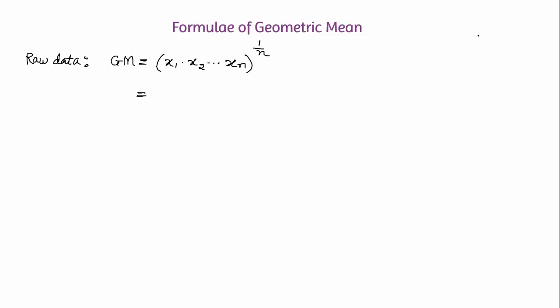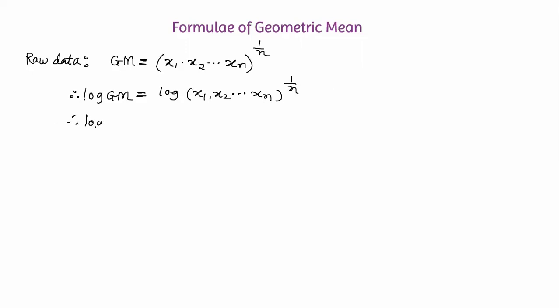If there is some exponent a to the power b, the things are going to be easier if we are taking logarithm. So therefore log of geometric mean is equal to log of x1 into x2 until xn to the power 1 by n.